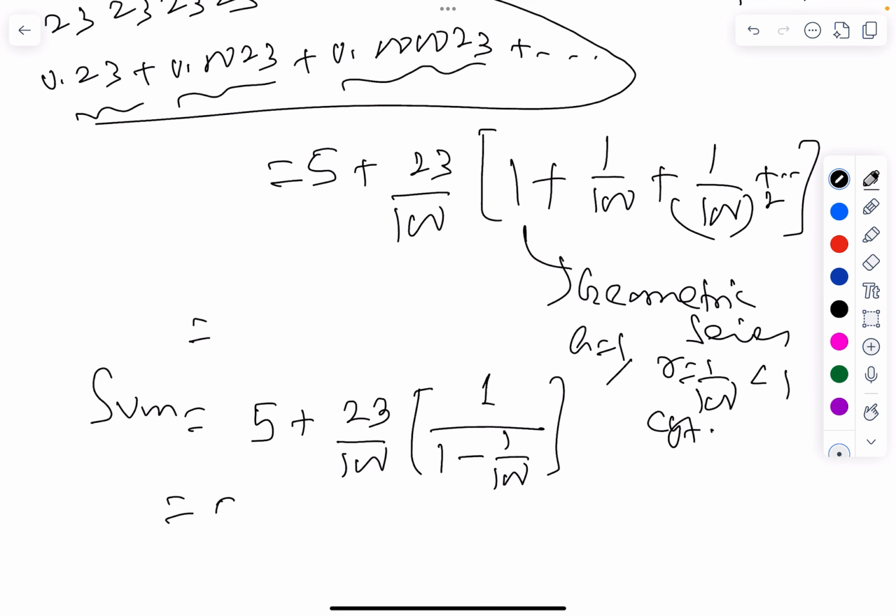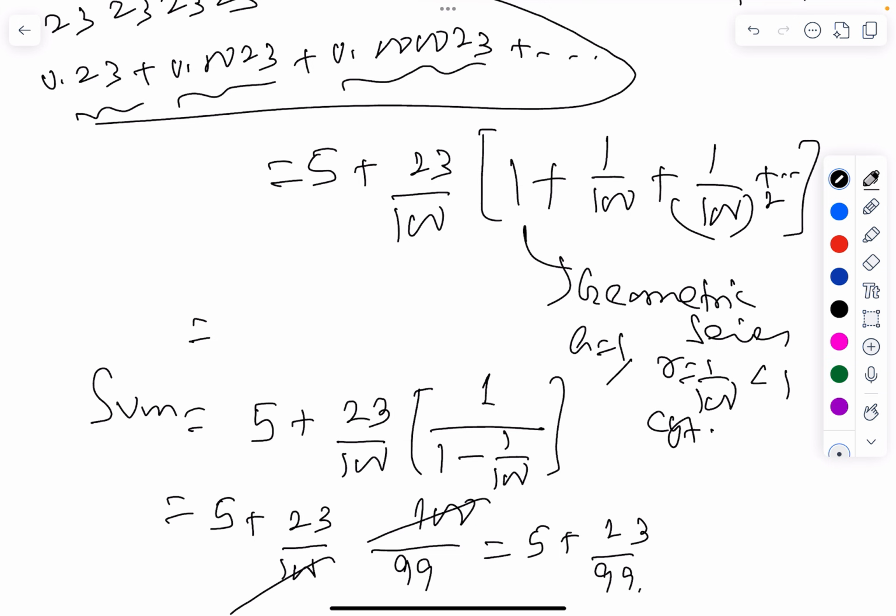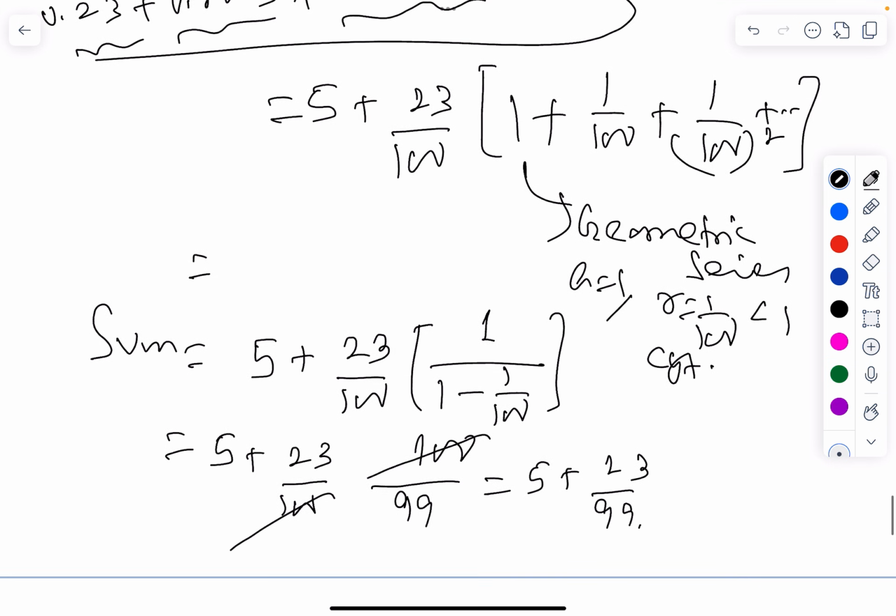Then we simplify. 5 plus 23 by 100. This is 99 by 100 here. So 100 cancels. So 5 plus 23 by 99. And then simplify this, 99 into 5 and plus 23. So you will get 518 upon 99.